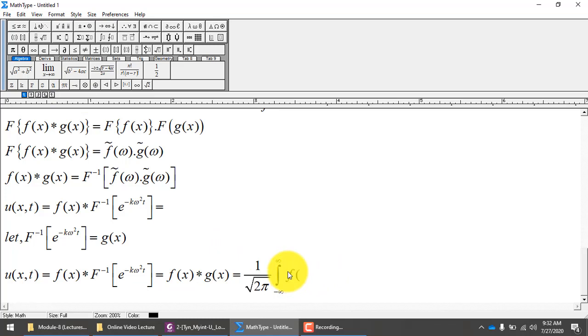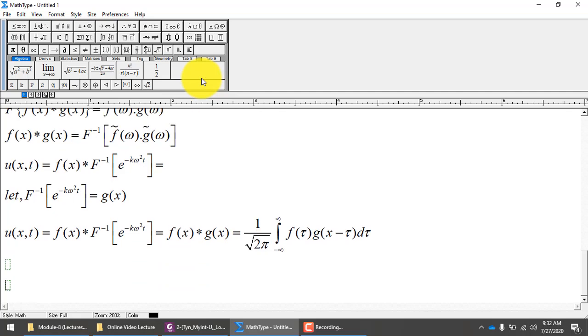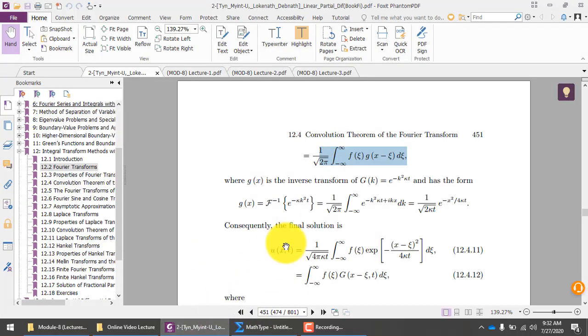f of tau and g of x minus tau, d tau. Okay, now in the book, if you want to see the steps, you don't know what the Fourier inverse of this is, but I have explained in the previous video lecture what the Fourier inverse of e to power minus a omega square is. It's not very difficult to calculate.